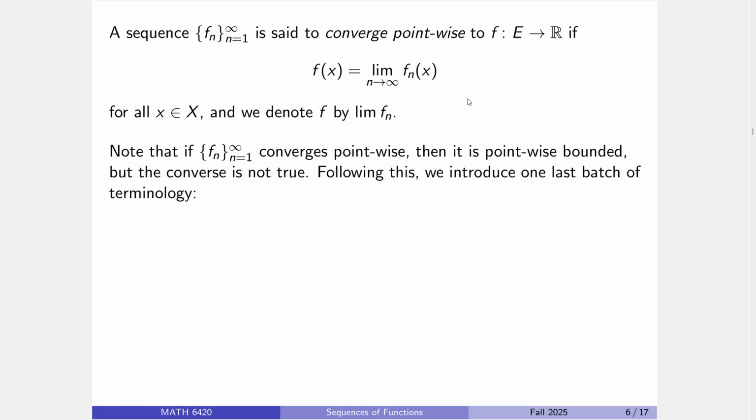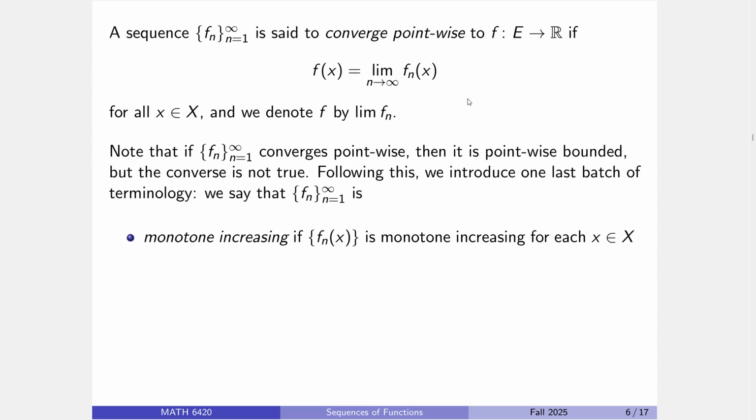However, we of course can recall that if you have a sequence that is monotone increasing and bounded, it converges to its sup, and likewise it will converge to its inf. So a sequence of functions will be said to be monotonically increasing if the associated sequences of real numbers are all monotone increasing for each input.